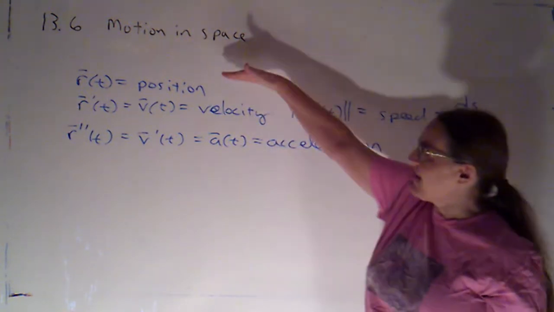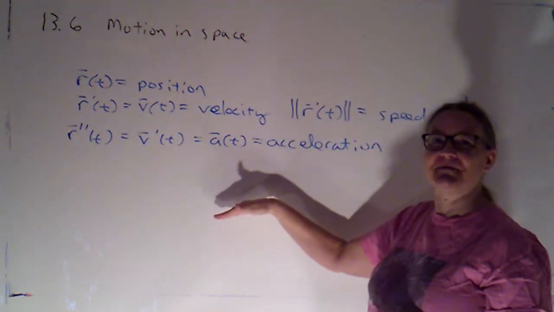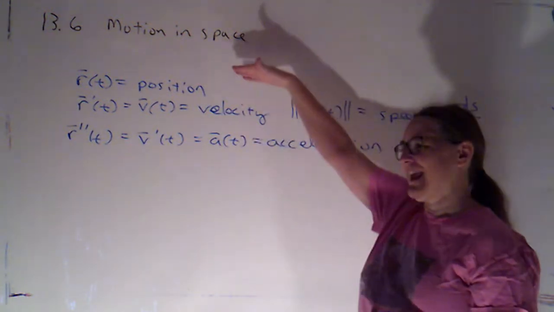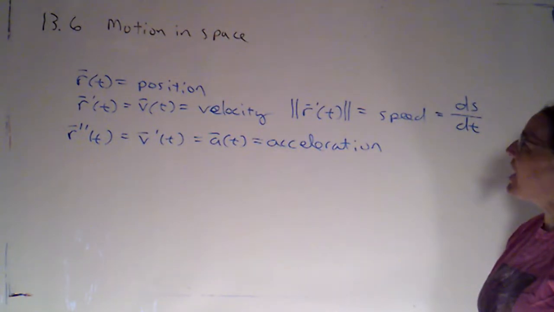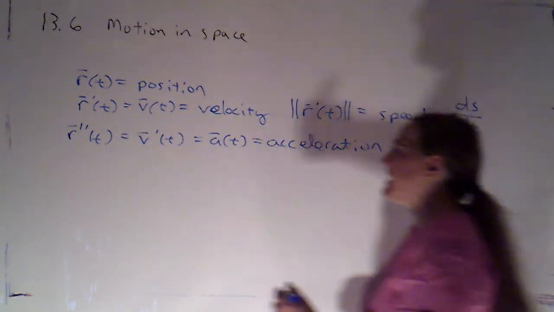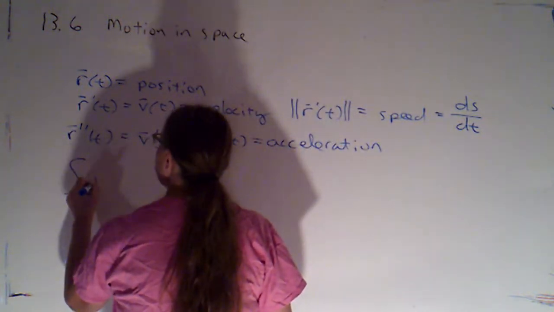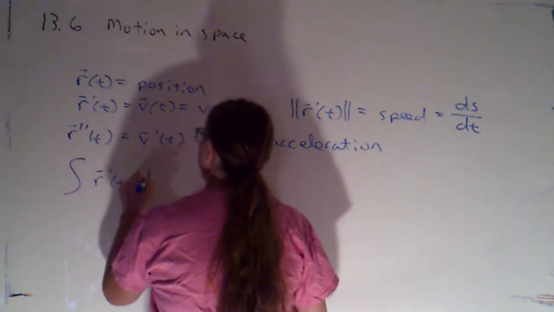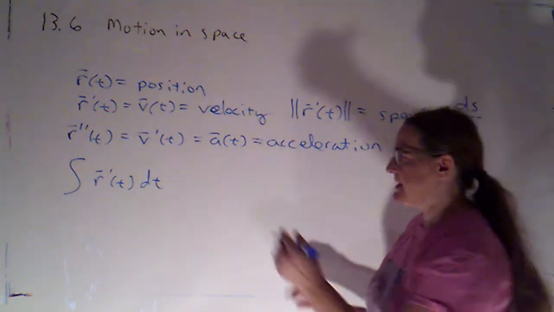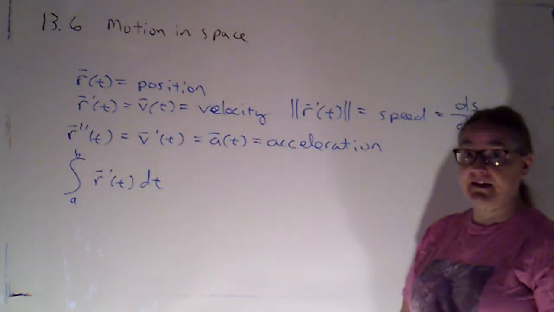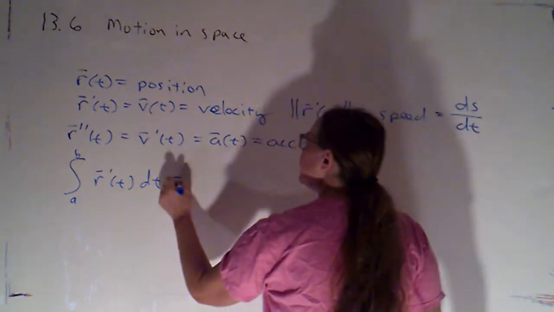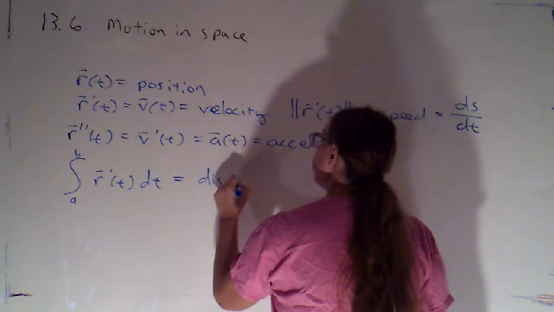And anytime I've got this relationship in terms of the derivatives, that's going to give us antiderivative relationships as well. Then if I integrate r prime of t dt from a to b, just looking at a couple of definite integrals here, this would give me the displacement.